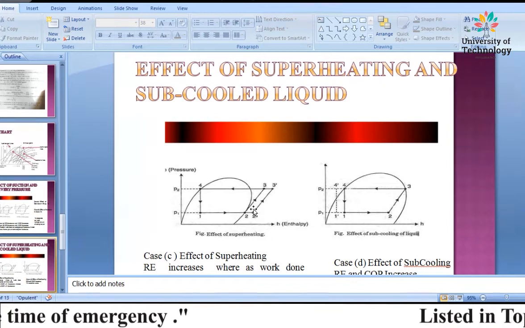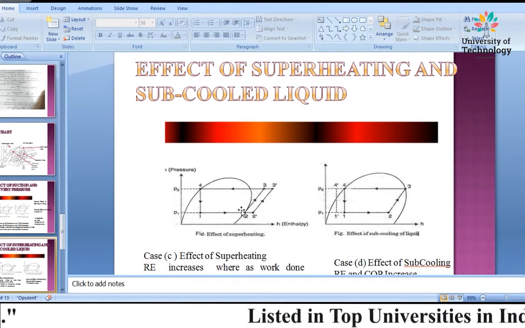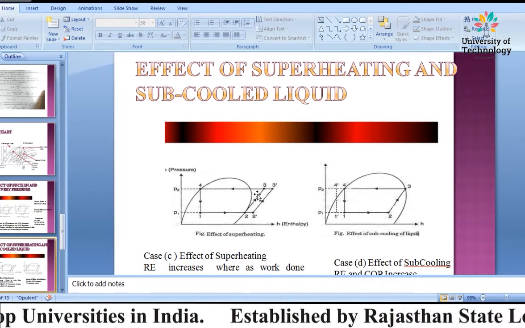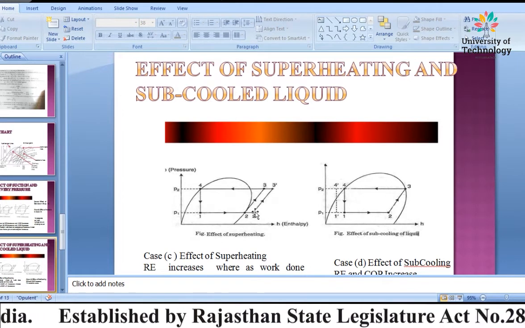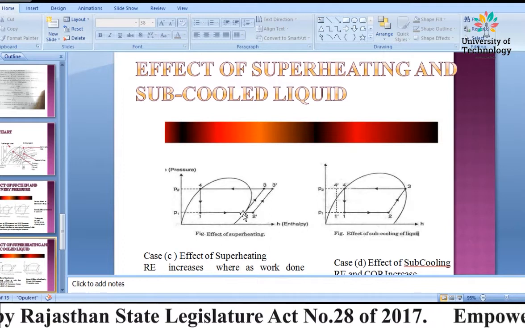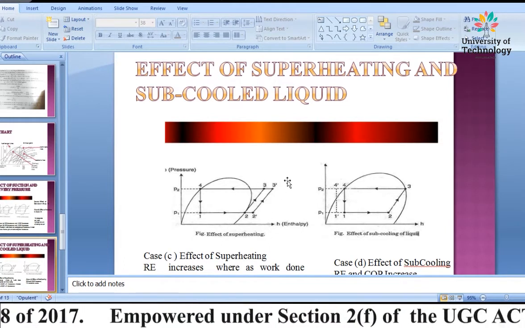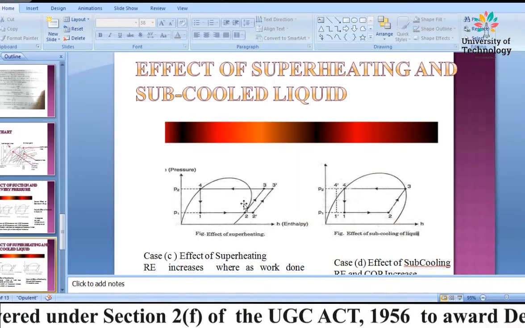This degree of superheat can be reduced by locating the evaporator near the compressor and insulating the pipe carrying low pressure refrigerant.